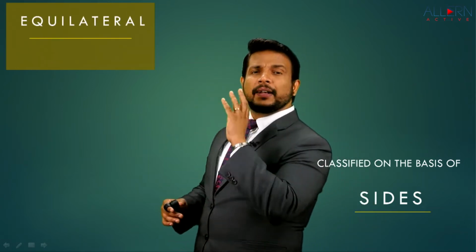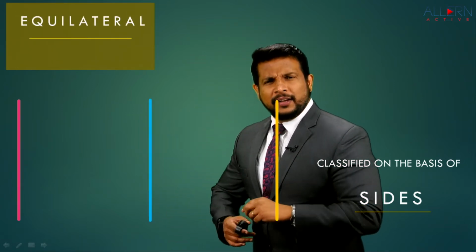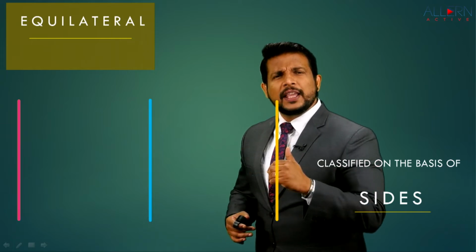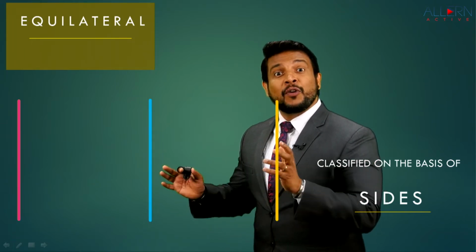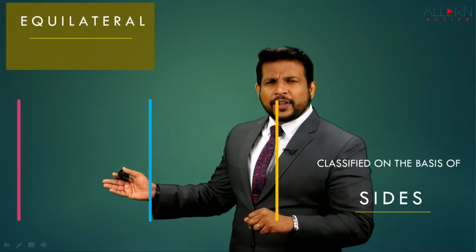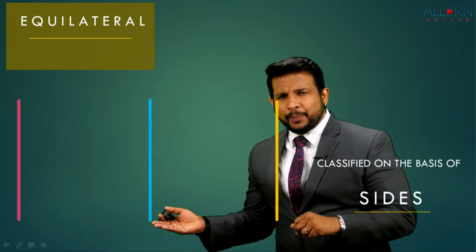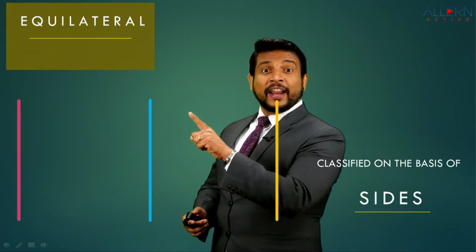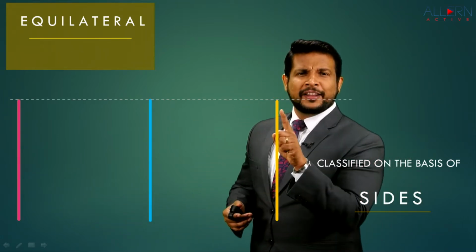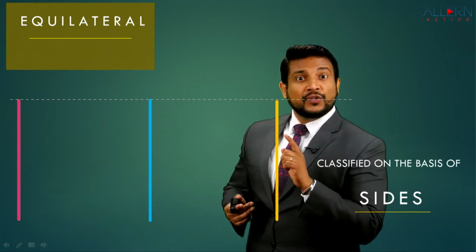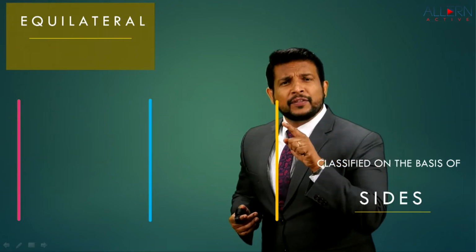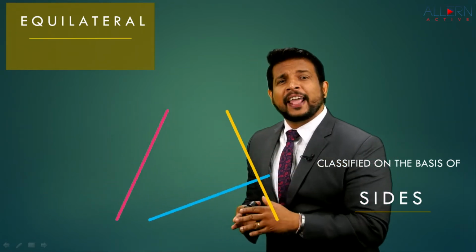The very first thing we are discussing is the equilateral triangle. Now what's an equilateral triangle? Let's talk about the length of the three segments which form that triangle. If you look here, they are starting from the same point at the base, right? If you look at their length, they are all of the same length. That means we have three line segments of the same length, and with the help of these, let's form a triangle.